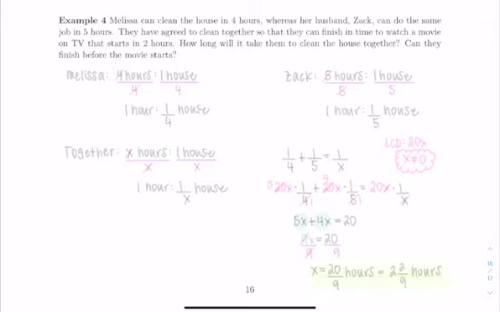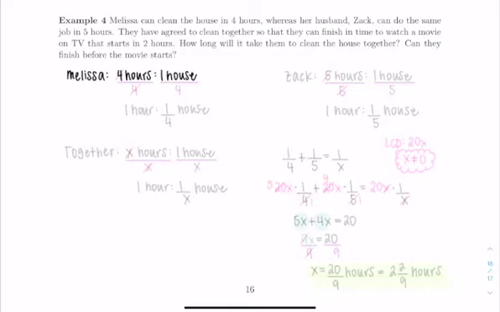So we know that it takes Melissa 4 hours to do one house. So how much does she get done in 1 hour?